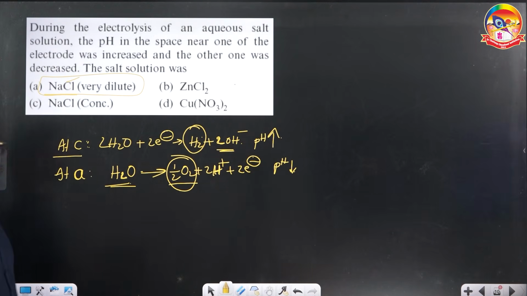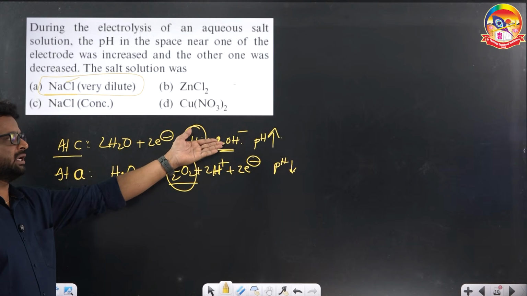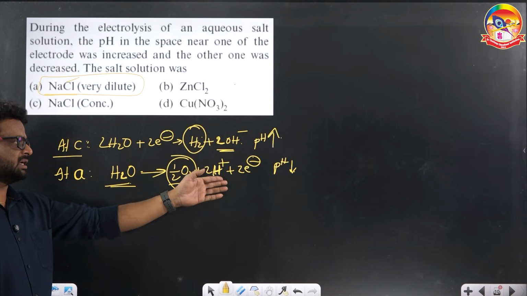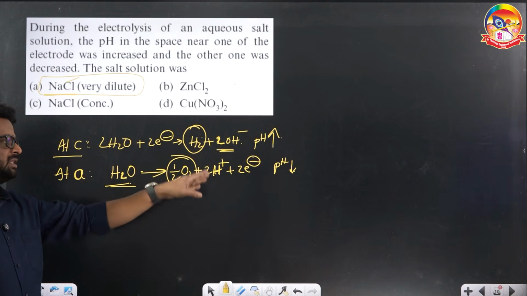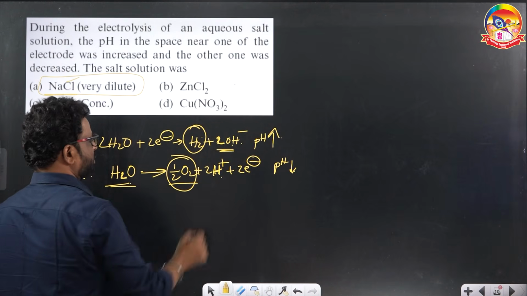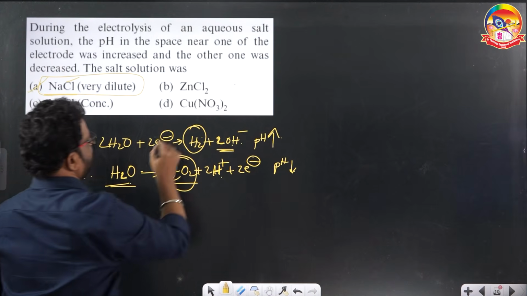When a very dilute solution of any electrolyte is taken, these are the possible reactions: pH at the cathode increases and pH at the anode decreases, but as a whole there is no change in pH because these are finally neutralized. So this is the correct answer for this question, but let us verify the other options also.